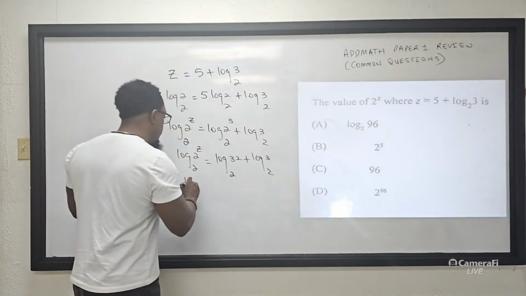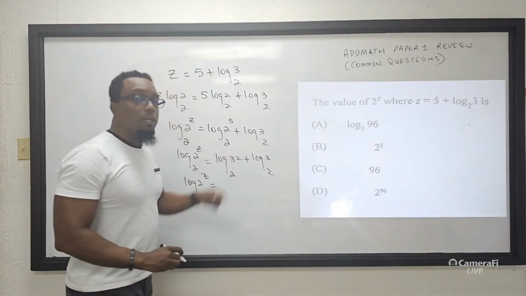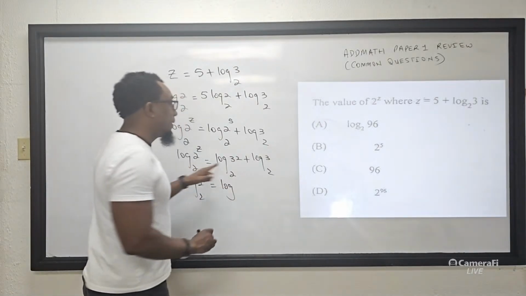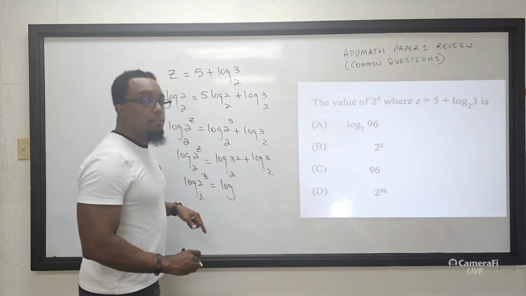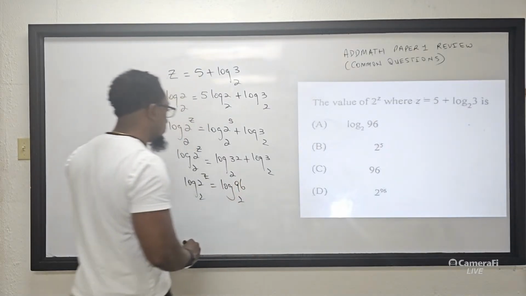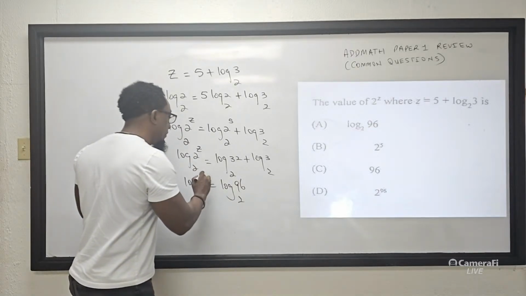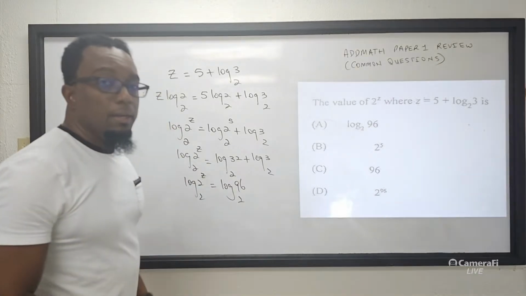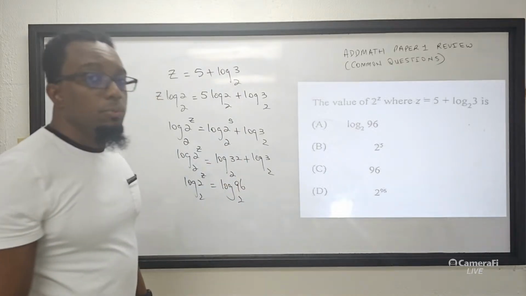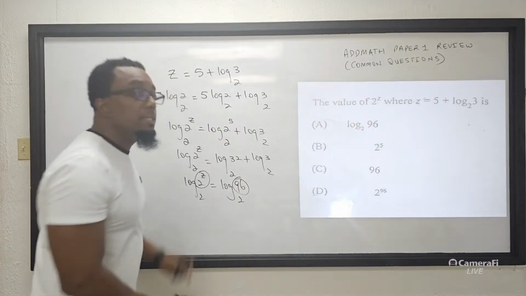So to do so, I'm going to apply what we call a product law. So this will be log, I'm multiplying 32 by 3. 32 by 3 will give me 96 to base 2. So now that I have one log term to base 2 on the left, one log term to base 2 on the right, all I'm going to do now is place the two arguments equal to each other.